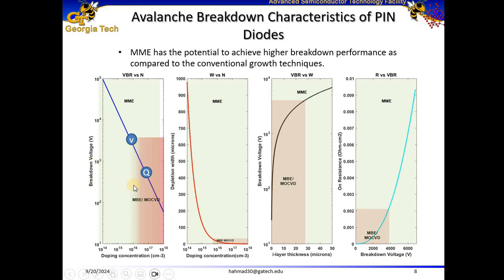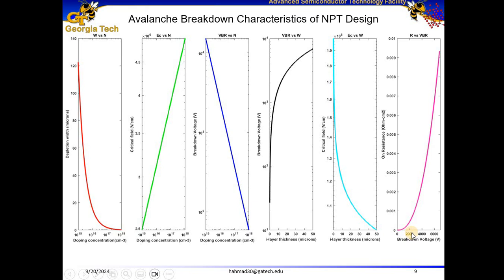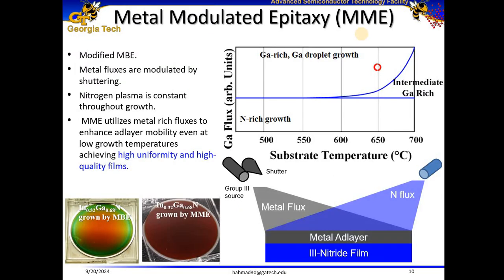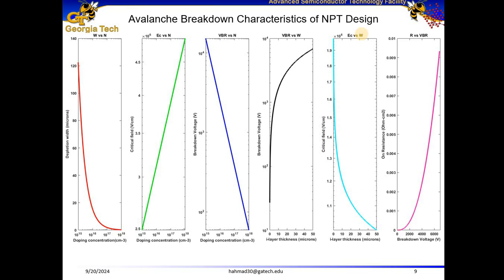For example, breakdown voltage versus doping concentration, depletion width versus doping concentration, and breakdown voltage versus the I layer thickness. Similarly, the on-resistance versus the breakdown voltage. And similarly, we can plot the critical electric field versus the doping concentration and the critical electric field versus the depletion width as well. Now let's talk about the MATLAB code.